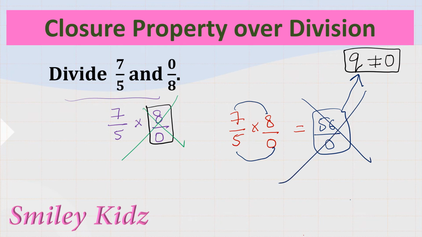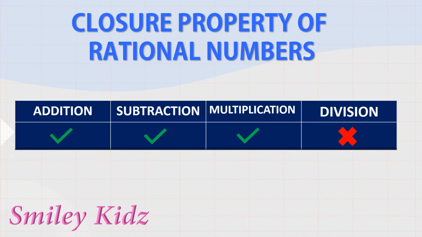What can we conclude here? We can conclude that rational numbers are not closed under division. We have successfully finished the fourth block as well.